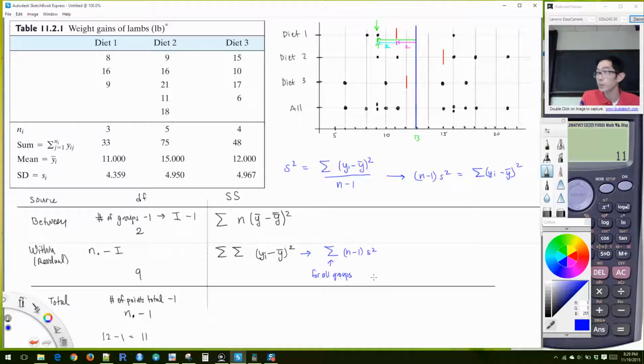Is this okay? And as far as our analysis goes, naturally what happens is as you have more degrees of freedom associated with one of these sources of variation, this sum of squares could be really huge. So we create a quantity called the mean squares.